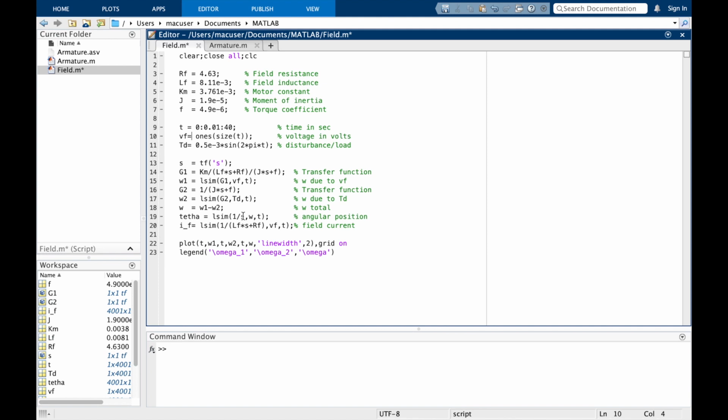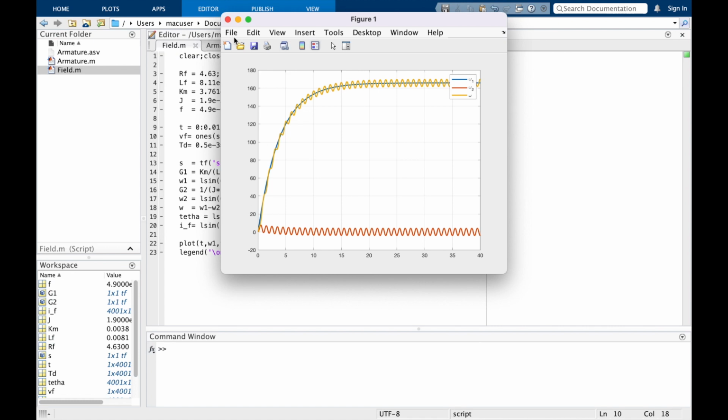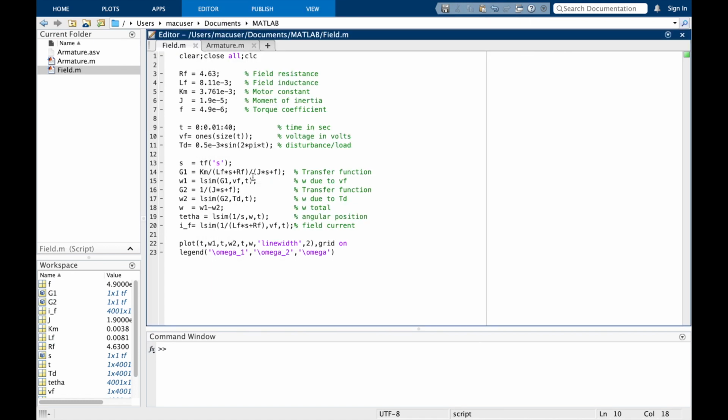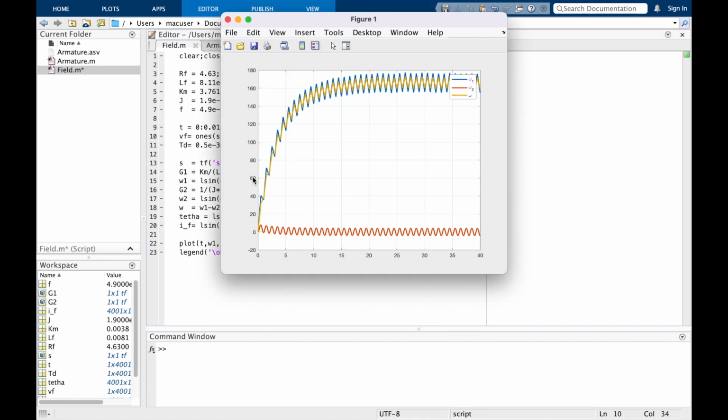I'm customizing this: the first one is the original, and then plus the signum of sine 2 pi t. Let's see, this is the response.